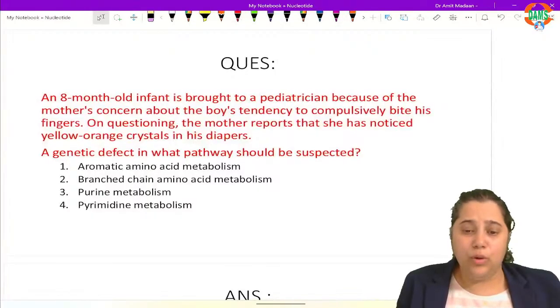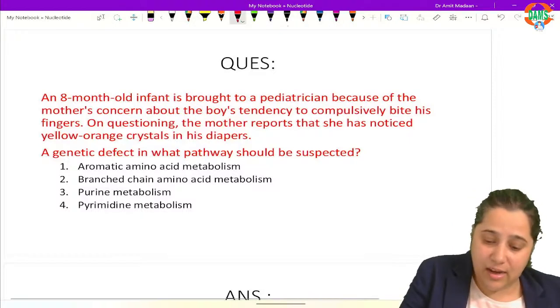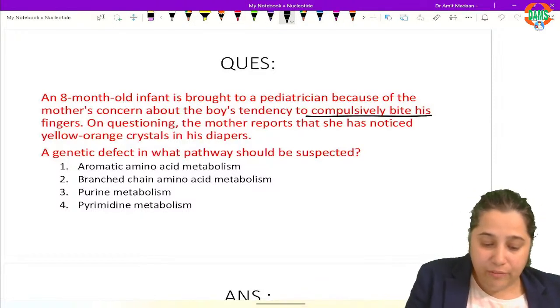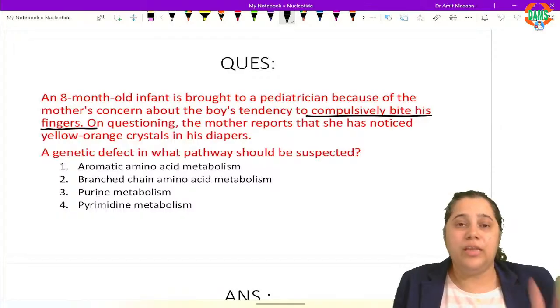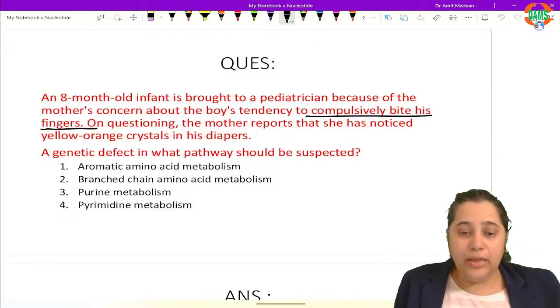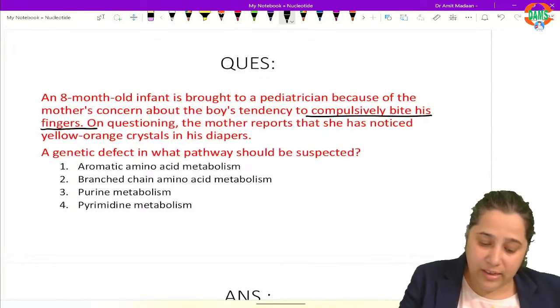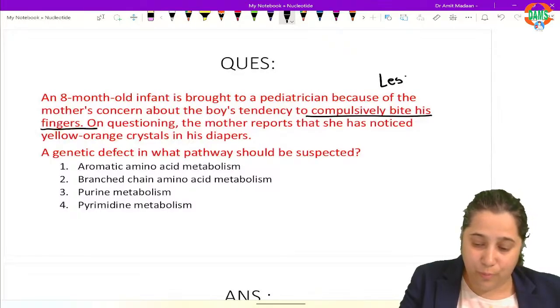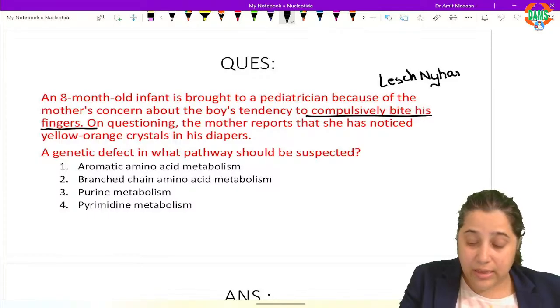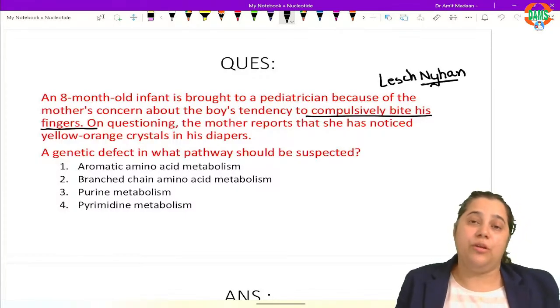And let's see another question. An 8-month-old infant is brought to a pediatrician because of the mother's concern about the boy's tendency to compulsively bite his fingers. These are the key words. Whenever you see these words in the question, this is Lesch-Nyhan syndrome. The classical presentation is always self-mutilation behavior.